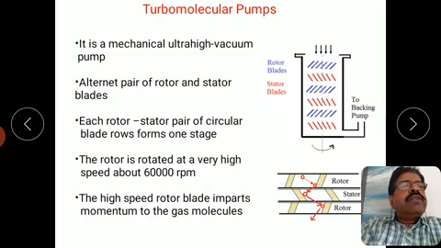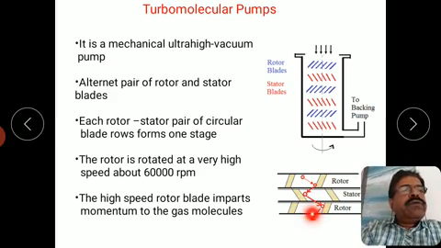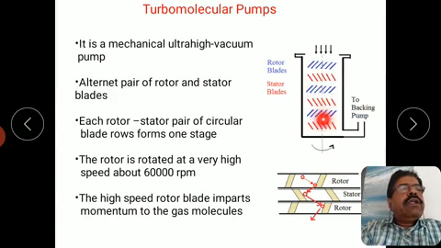You can see the angles of the rotor blades and the stator blades are exactly opposite, so that once the molecule is struck by the rotor blade with a very high velocity, it is incident on the stator blade at such an angle that it is reflected to the next stage of the rotor-stator pair. At the next stage it is again incident on a rotor blade rotating with very high velocity, and subsequently this gas molecule travels in the downward direction.